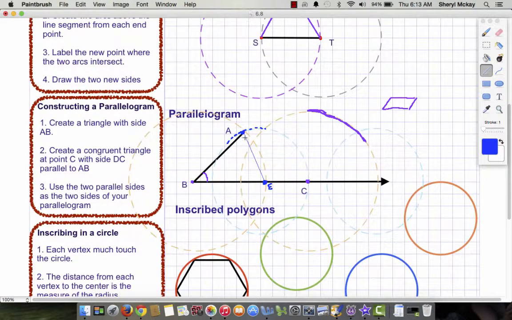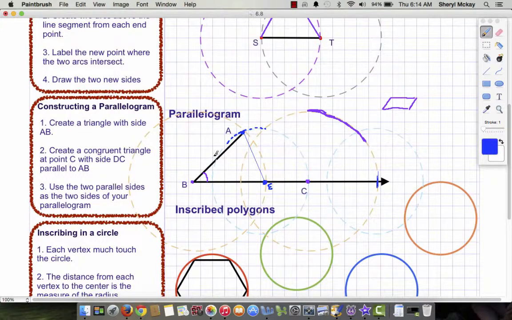But now, let's go back to my circle around the ABE, where it hits the ray is going to be my next side D. So I'm looking for where this circle comes down, and I'm going to bring it all the way down, and also mark here where it hits the circle.